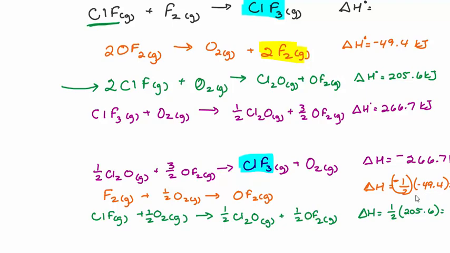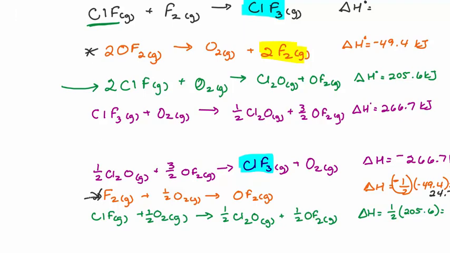So let's briefly figure out these enthalpies here. I have a -1/2 times a -49.4. So I have 24.7 kilojoules for this equation. Oop, that didn't make any sense. For this middle equation in this row here. So this was the first equation here.